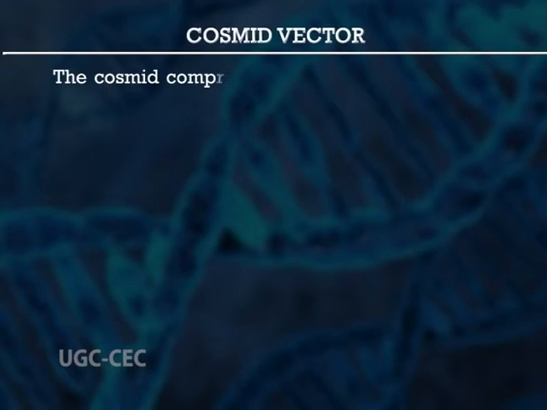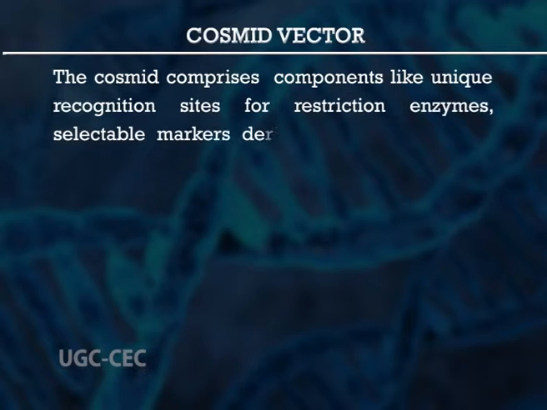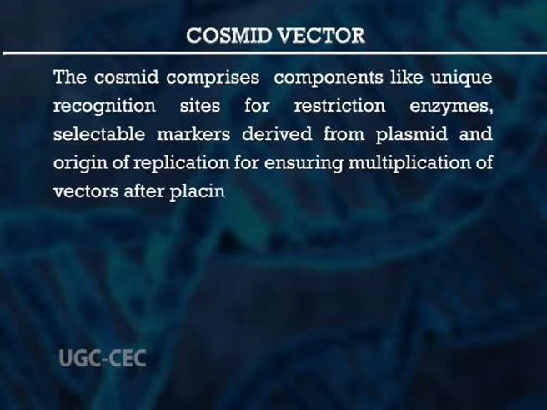The cosmid comprises components like unique recognition sites for restriction enzymes, selectable markers derived from plasmid, and origin of replication for ensuring multiplication of vectors after placing in the host cell.